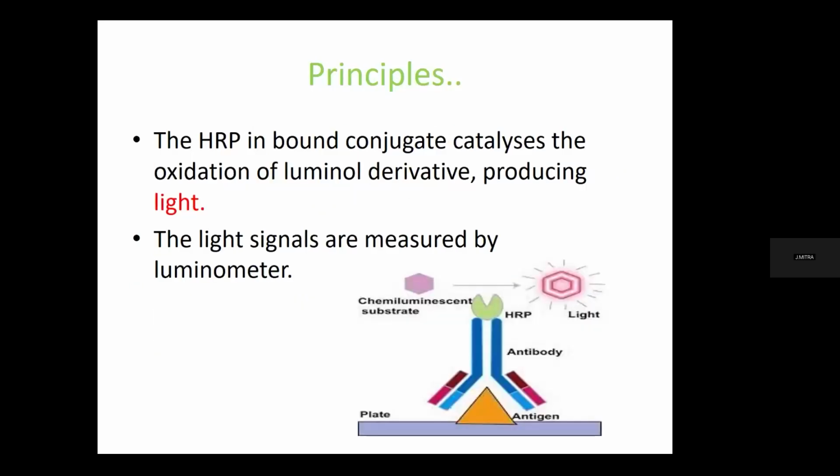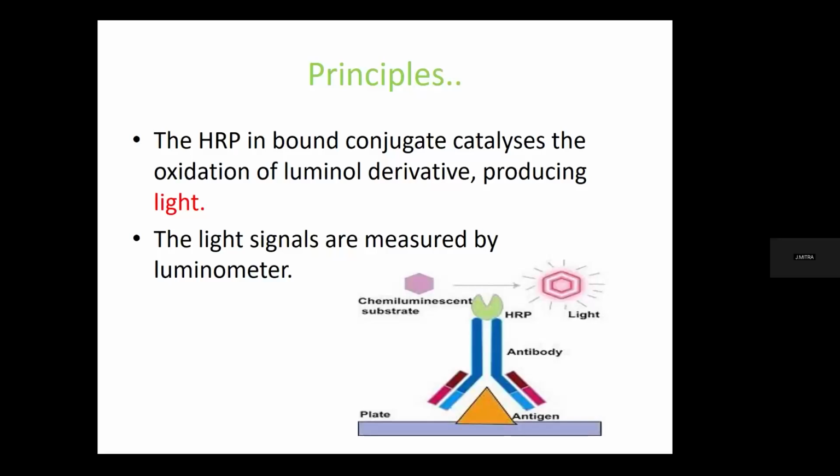The HRP in the bound conjugate catalyzes the oxidation of the luminol derivative, and that produces light. The light signals are measured by a luminometer, which is inbuilt in the instrument.